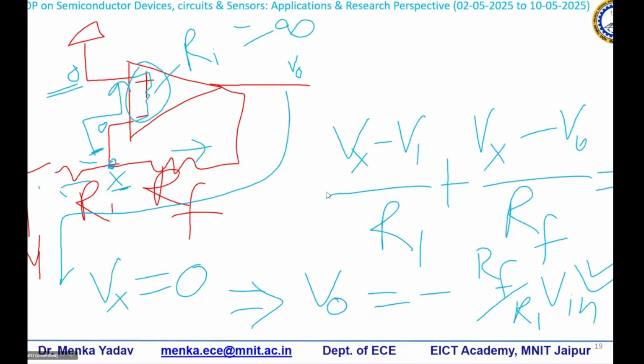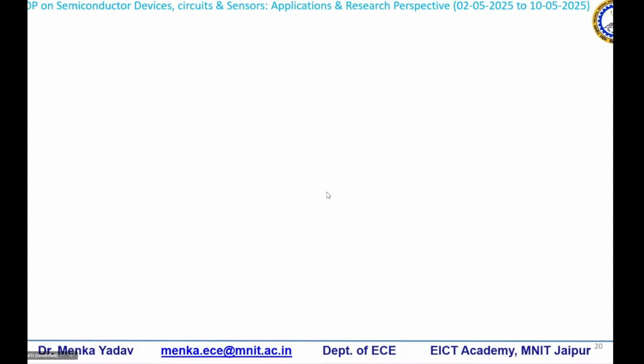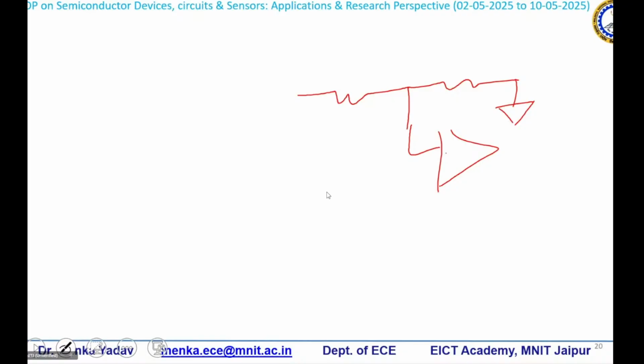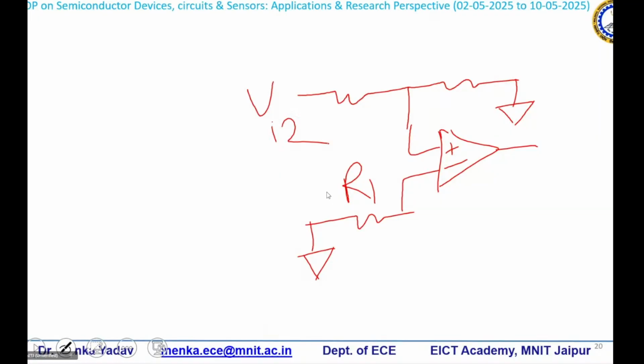So our new circuit is configured in this way. This was grounded. This was my R1 and Rf. Again, this is grounded. This is my Vi2, and this is my Vo2. Because of Vi2, whatever output I get is my Vo2. So I am applying superposition again.